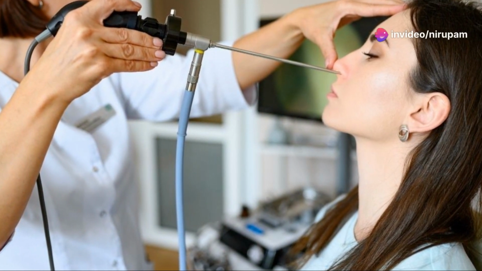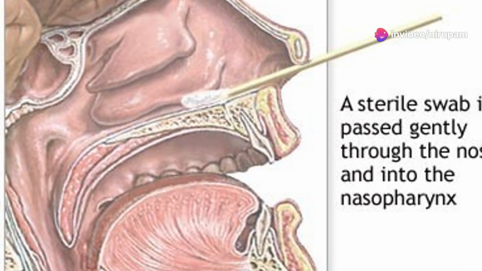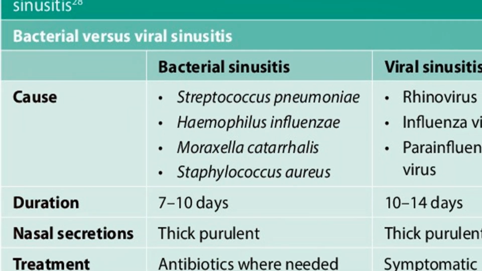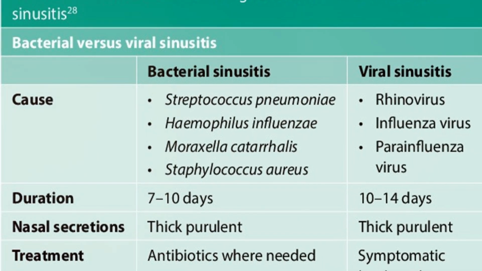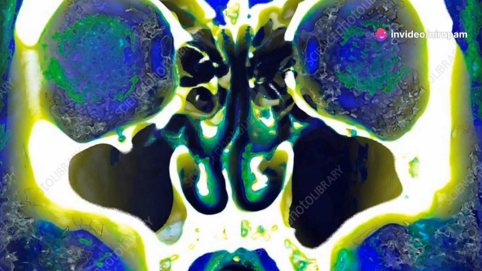Nasal endoscopy. Nasal swabs. Your provider may use a soft-tipped stick to get a fluid sample from your nose. They'll test it for viruses or other germs that might be causing your symptoms. Imaging.